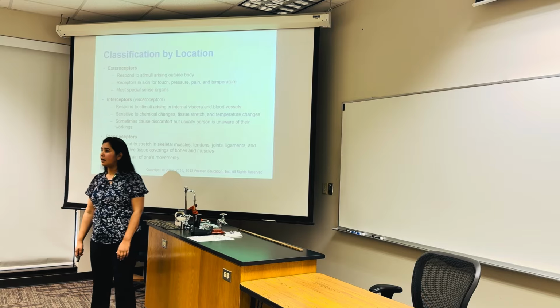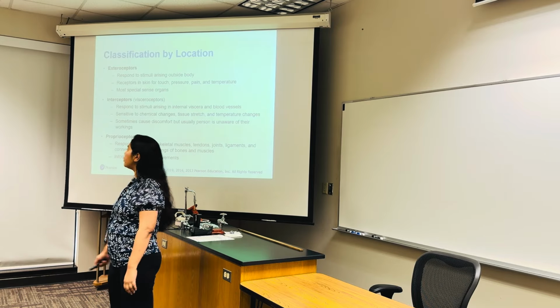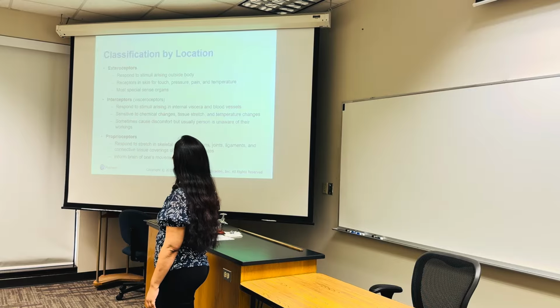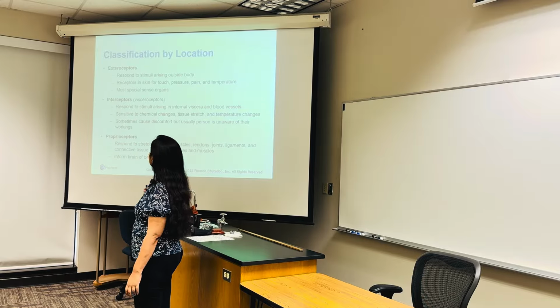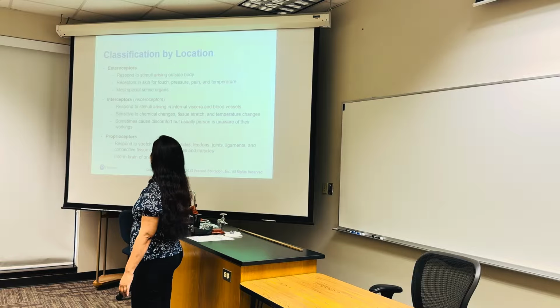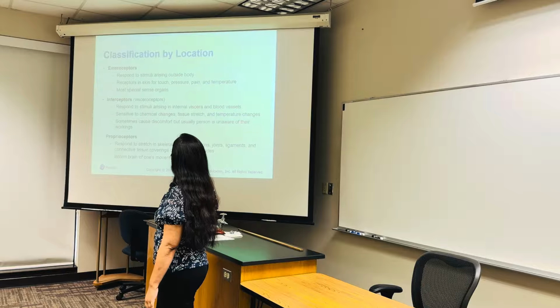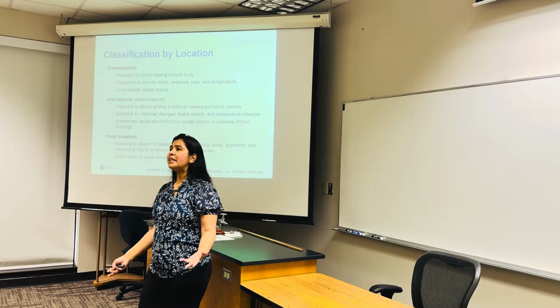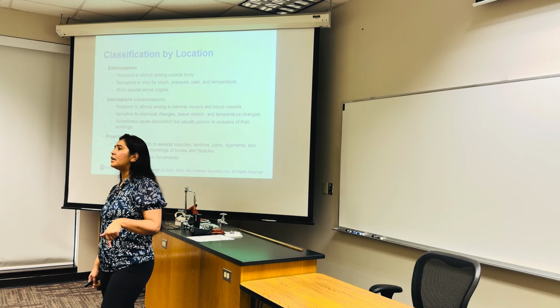How are you going to understand that? Because of the visceroceptor. They respond to stimuli arising in the internal viscera and the blood vessels. Sensitive to chemical changes, tissue stretch, temperature changes. Sometimes they cause discomfort, but usually the person is unaware of their working. So you do not know how your stomach is working at this point.